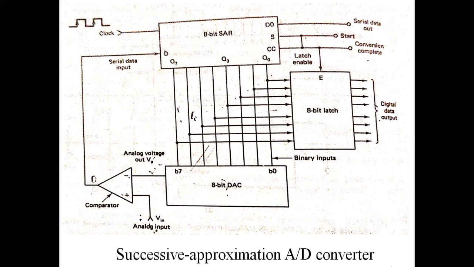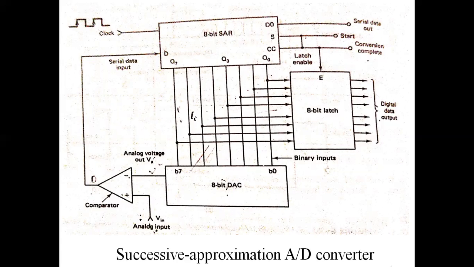On the first clock pulse, the low to high transition, the most significant bit Q7 of the 8-bit SAR is set.